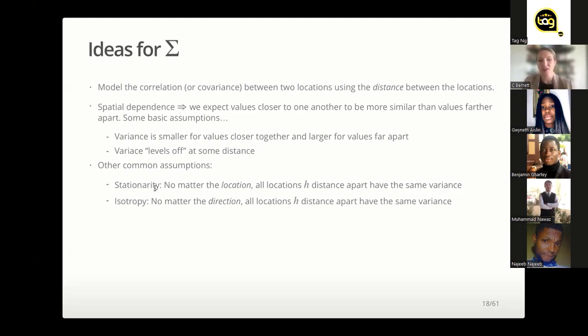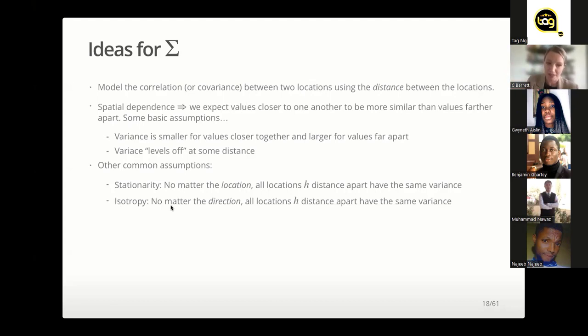Other common assumptions is stationarity. So no matter where we are in space, the covariance or the correlation is the same. I motivated that with just that horizontal example where we said, oh, look, the correlation would be different for those 2 points than these 2 points on the other side.